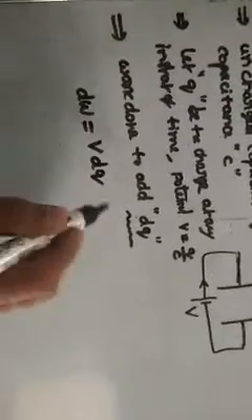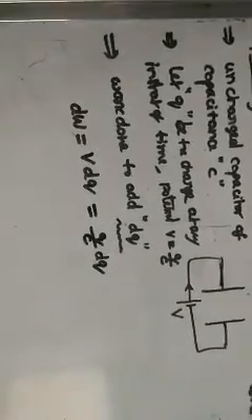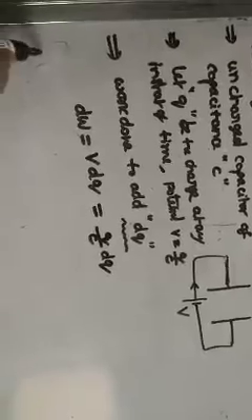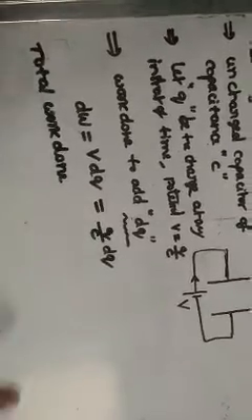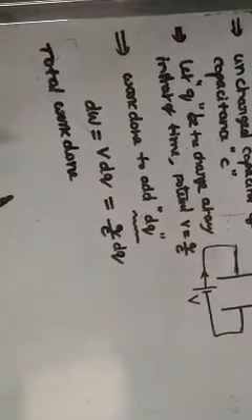Basic formula, W is equal to VQ, so dw is equal to v into dq. V means q by C, so dw is q by C into dq. This is the formula.